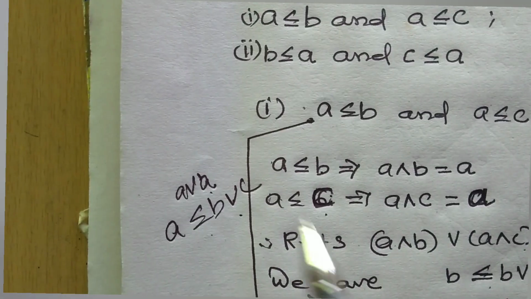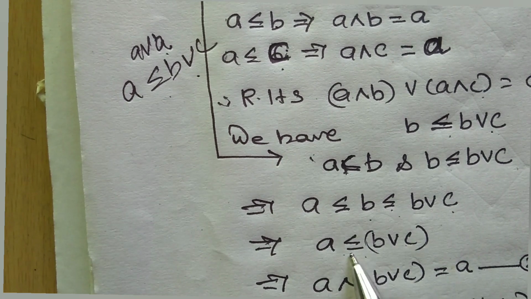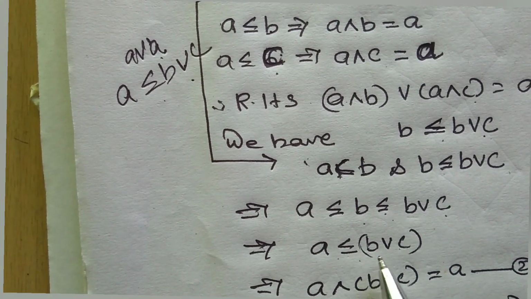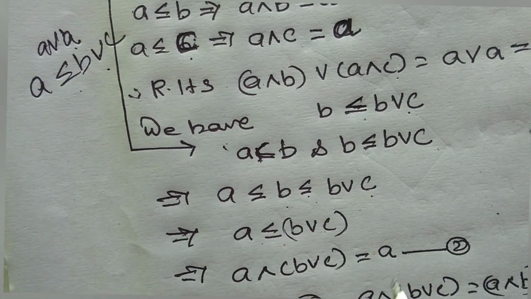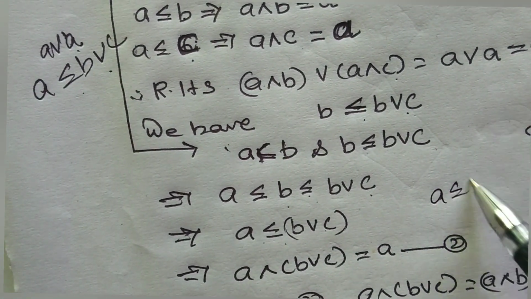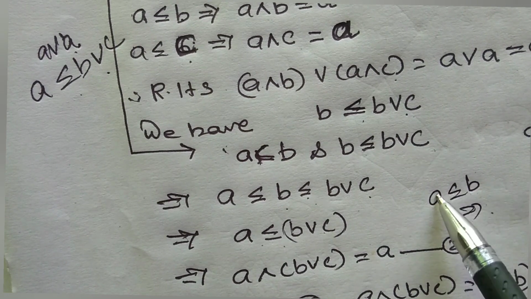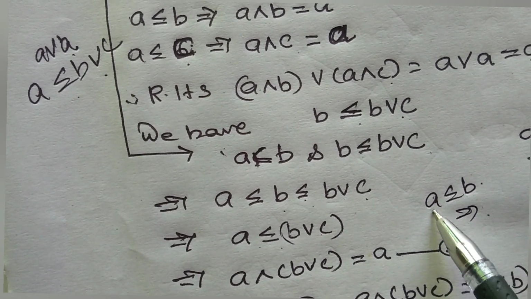So if you apply this condition, you can directly write this relation, that is A is less than or equal to B or C. So what is the relation here? A less than or equal to B means if you take AND we get the least value.